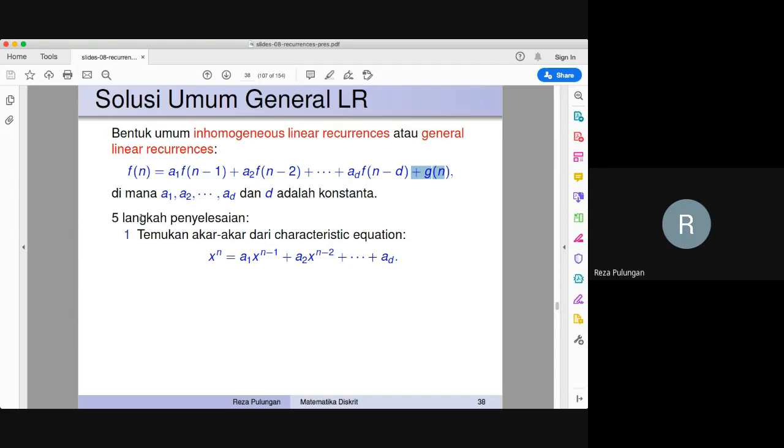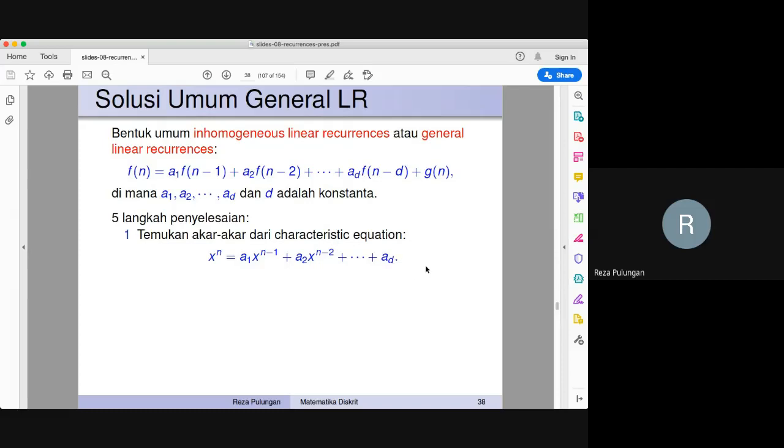There are five steps to solve this. The first one: find the roots of the characteristic equation. The previous method just applies. Basically, assume that the solution is Fn equal to x to the power of n, and therefore we find the characteristic equation, and this is the characteristic equation.